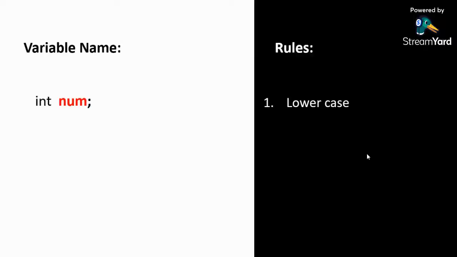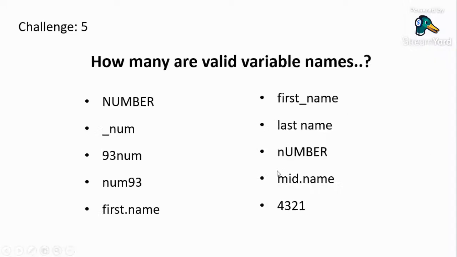This one is true. 93 is false. 93 cannot be a valid variable name. This is true. I cannot have any special symbols, so first name is not true. This has a space, so this is not true. Mid dot name is not true. Numbers alone cannot be a variable name. So these are the ones which are not true.